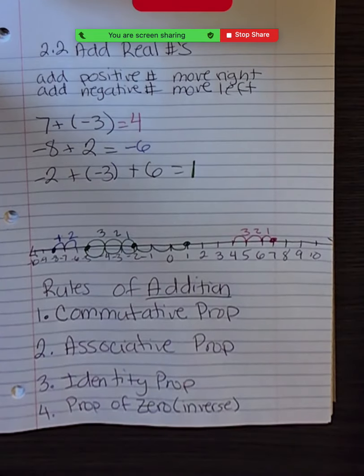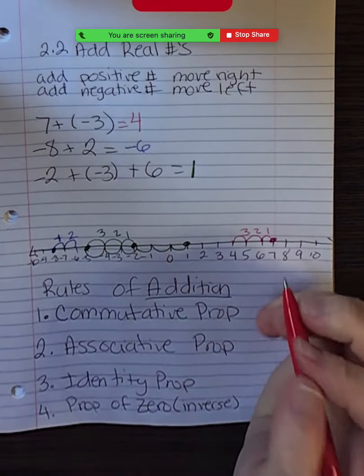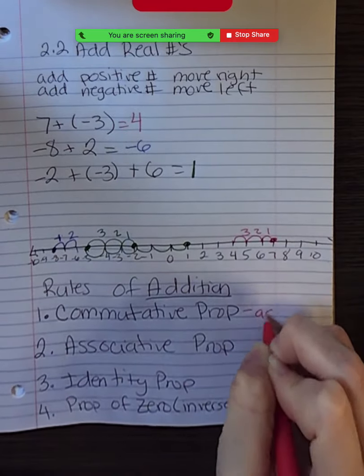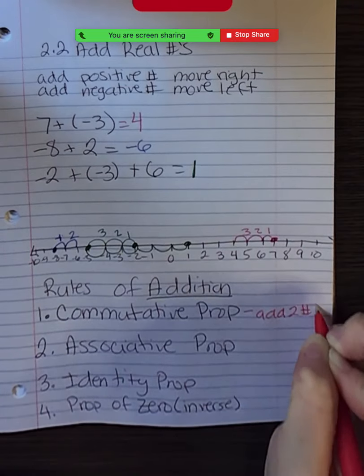Okay, so what these say is that the commutative property says you can add two numbers in any order.